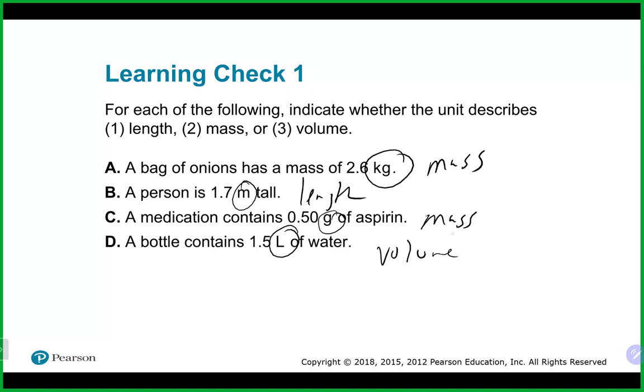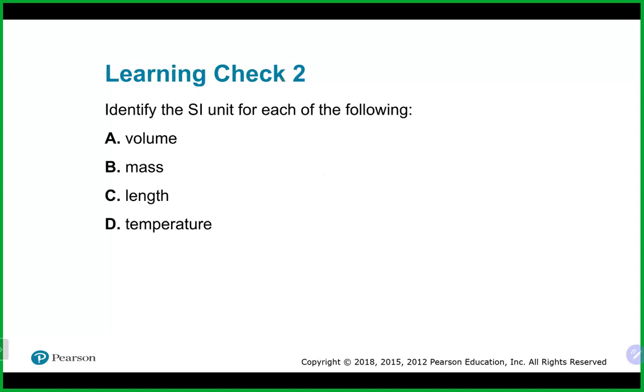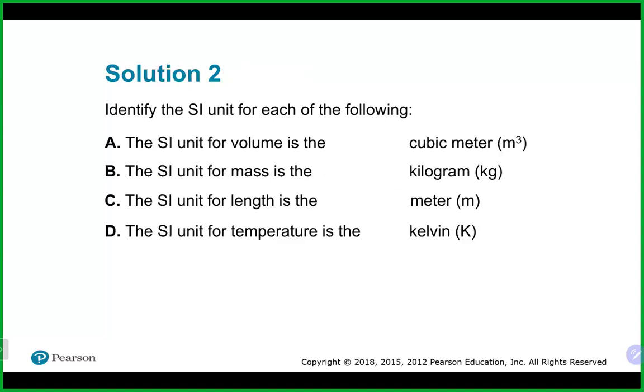Recognizing what those units represent in terms of the type of measurement is really important. I think we did all right on that one. Again, we saw in that table our SI units: cubic meter for volume, kilogram for mass, meter for length, and Kelvin for temperature.